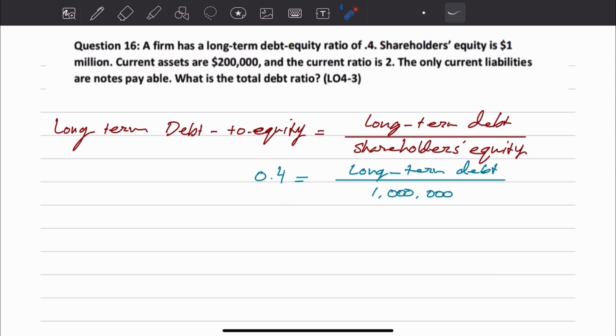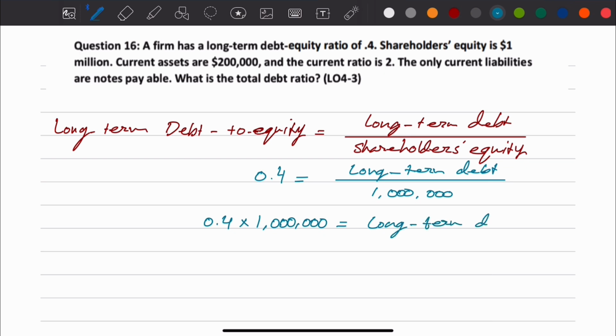We'll multiply that by the long-term debt, and we'll multiply the 0.4 by the shareholders' equity of 1 million. So that will give me 0.4 multiplied by 1 million is going to equal the company's long-term debts.